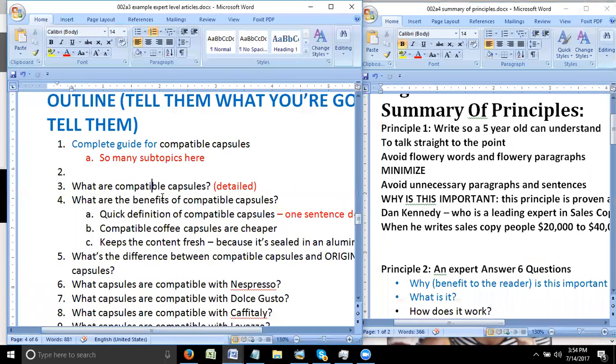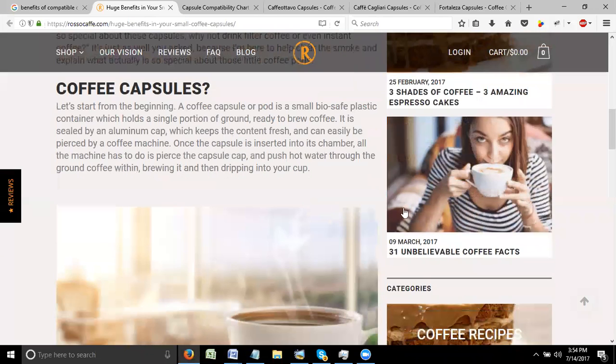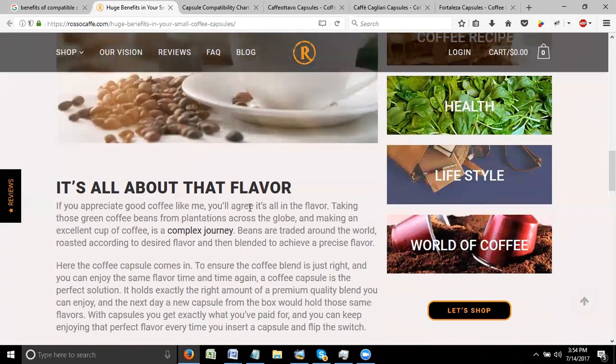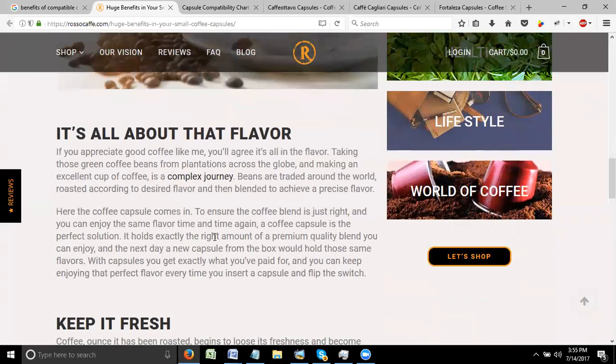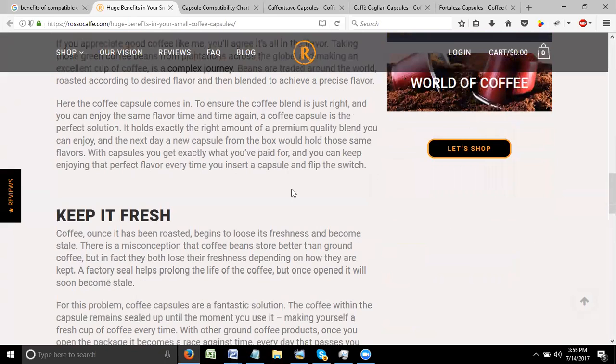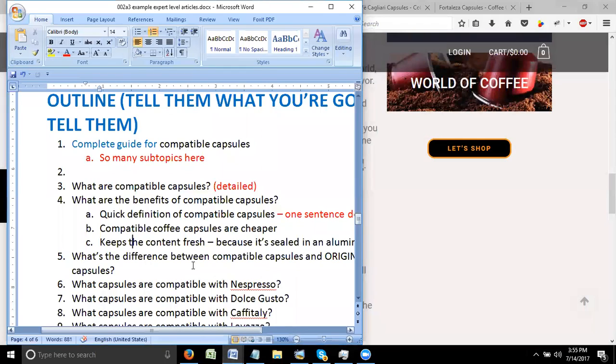So what are compatible capsules? What are the benefits of compatible capsules? Quick definition: compatible capsules are cheaper, and keep the content fresh. Now we did get some idea from this. Flavor. Okay, so another benefit is you just flip the switch, or you just push the button.